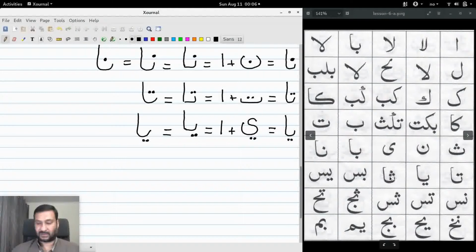Then comes tha alif. So tha alif, as it's written on the right, is like so, with three dots here, tha alif. It's made up of two letters, which is tha and alif. And again, when tha is in the beginning, it takes this form, and then there's an alif which joins it.